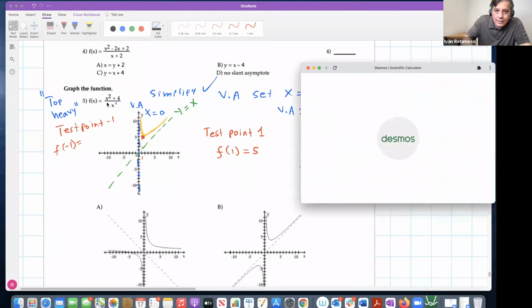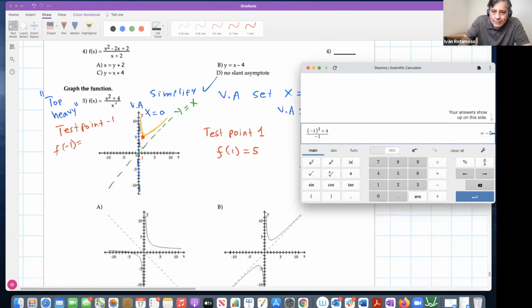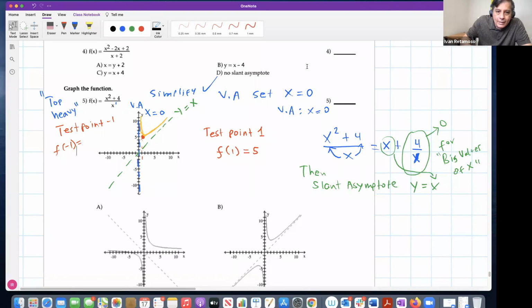You can do it in the calculator in case you feel like the numbers are not friendly. -1 squared is just a 1, plus 4, and all this divided by -1. What is that? It is -5, a negative number. So this -1 should be paired up with -5 down here. So the point now is down there.